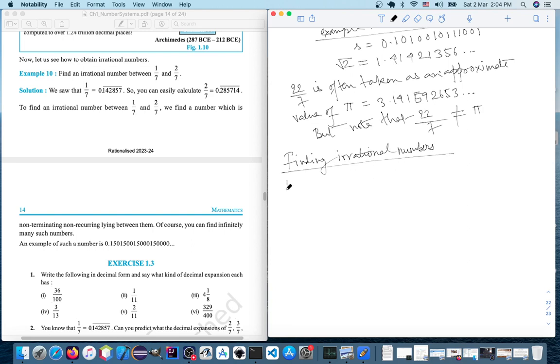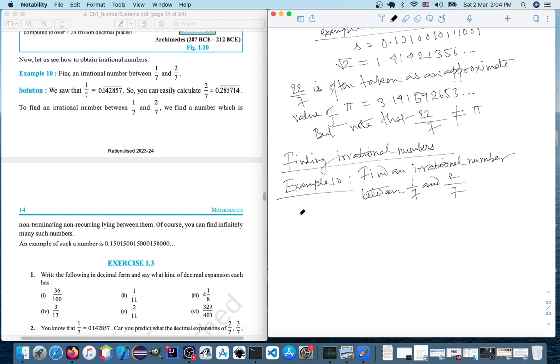So, example 10 says: find an irrational number between 1 by 7 and 2 by 7.